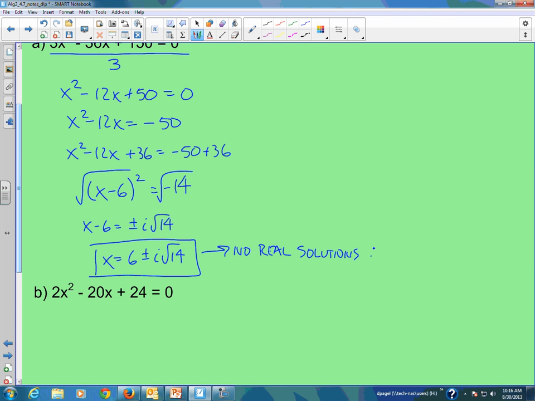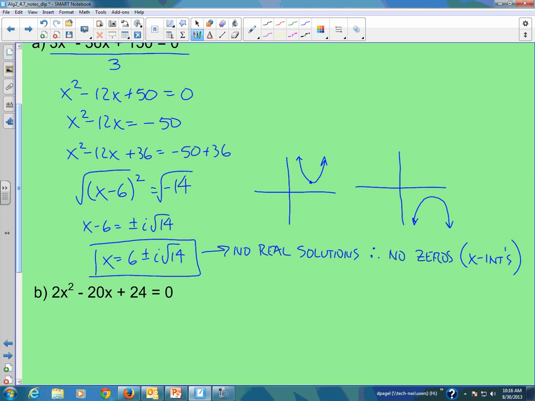So therefore, no zeros, which are our x-intercepts. So what that tells me about this graph is that it's a parabola that's either starting above the x-axis and opening up, or it is starting below the x-axis and opening down. So it looks something like this. Maybe it looks like that, or perhaps it looks like this. No x-intercepts.